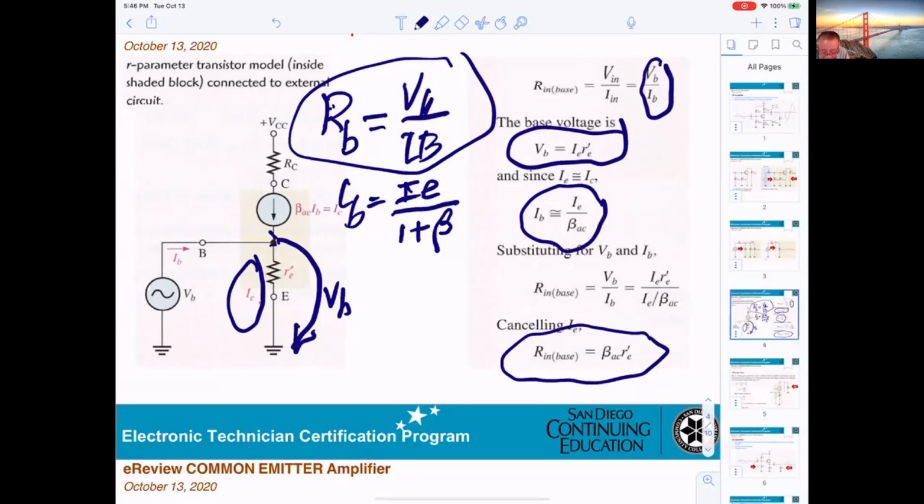VB means from here to the root, so basically it will be equal to IE times R prime E. It's easy to see on the schematic. If you want to calculate the voltage from here to here, then you take the current times the resistor, Ohm's law.